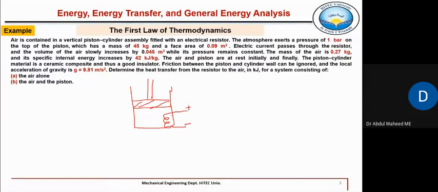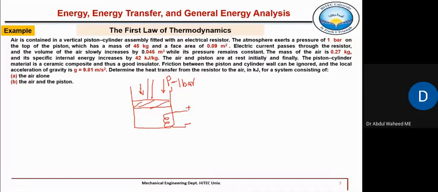The atmosphere exerts a pressure of 1 bar. Here is the surrounding atmosphere. In this surrounding, there is a pressure which is exerted on this piston, and that is given as 1 bar.